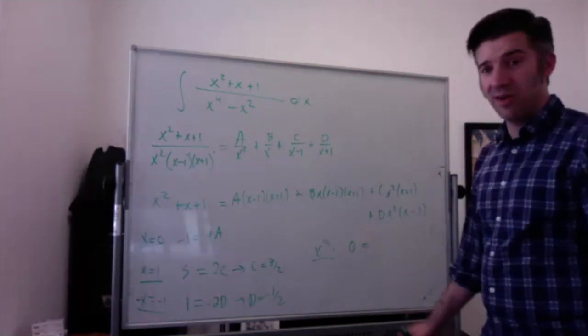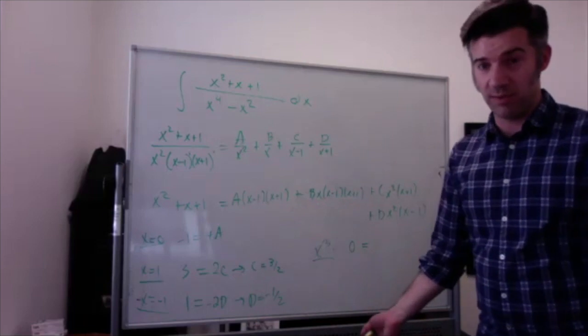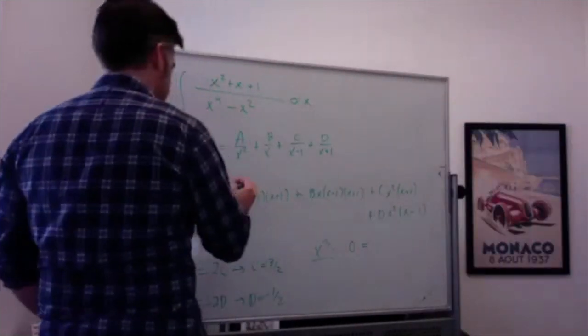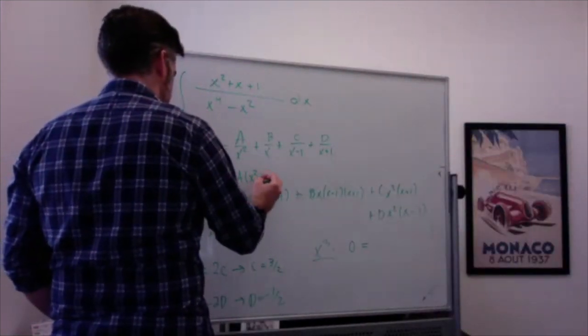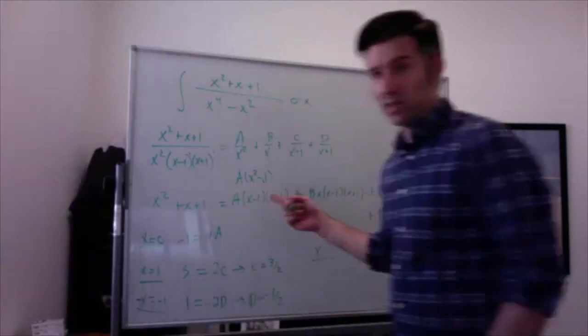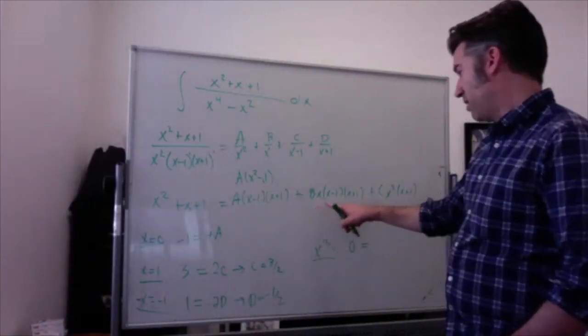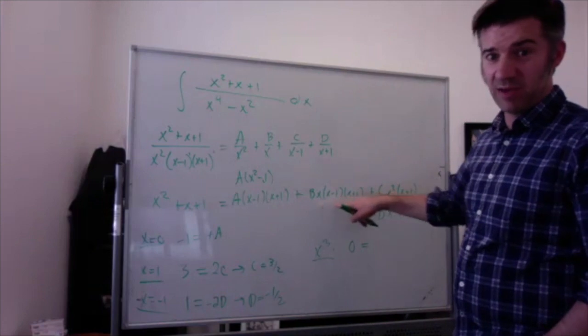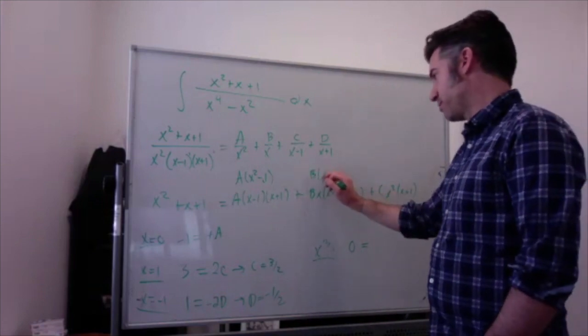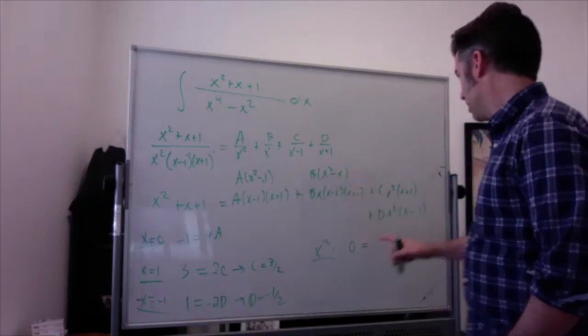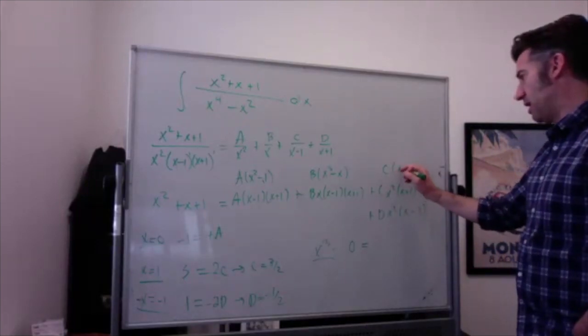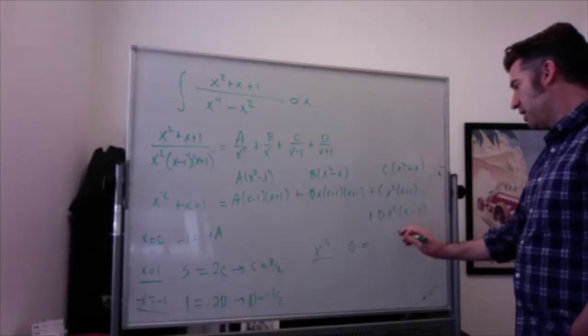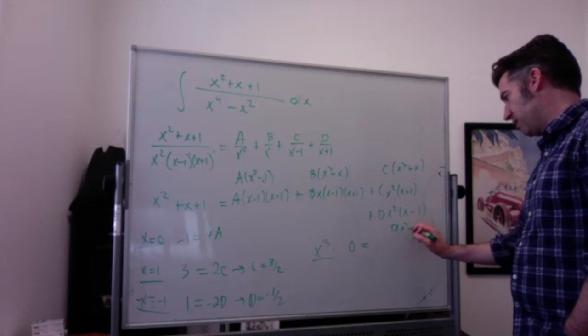On the right-hand side, though, if I multiply this out, and I don't really want to multiply it out, but if you did, this would be a times x squared minus 1. So you'd have ax squared minus a. Here you'd have x squared minus 1 times another x, so you'd have x cubed minus x times b. Here you'd have c times x cubed plus x. Here you'd have d times x cubed minus x.